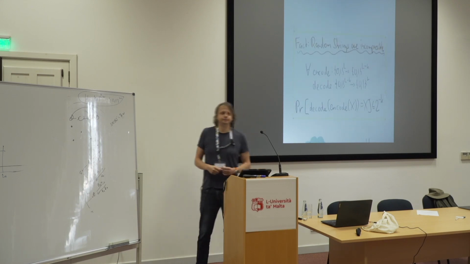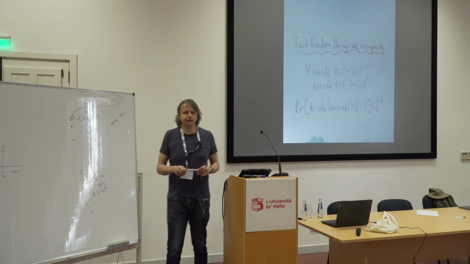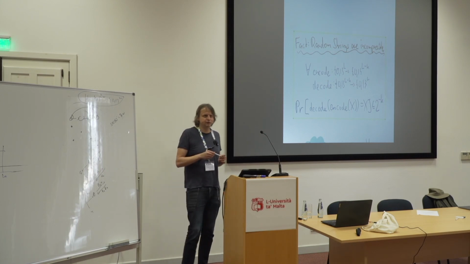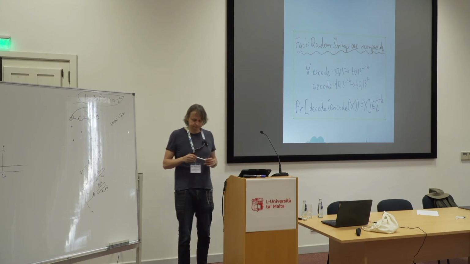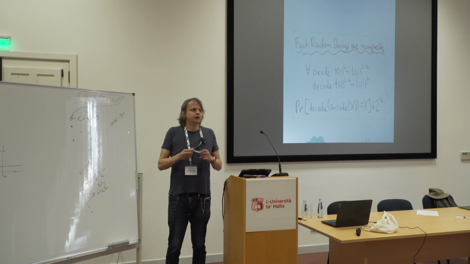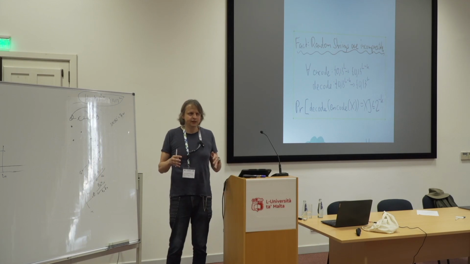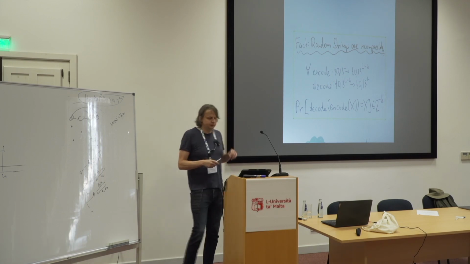A fundamental lemma that you will use all the time if you do theoretical cryptography, especially information-theoretic cryptography, is the following simple fact: a random string is incompressible. If you have a random string, you cannot compress it. The formal statement is shown here.